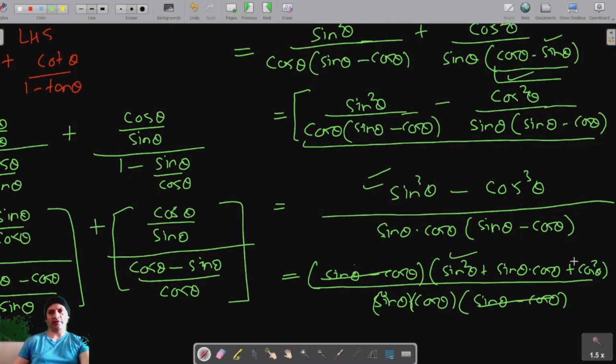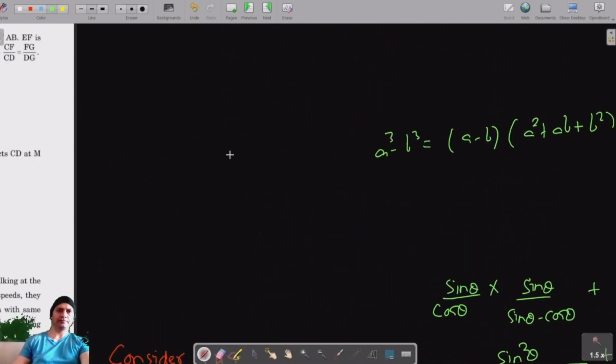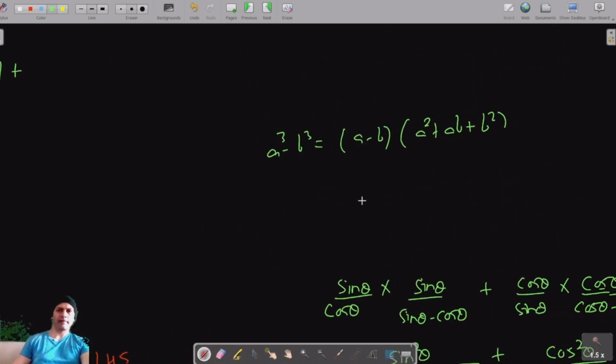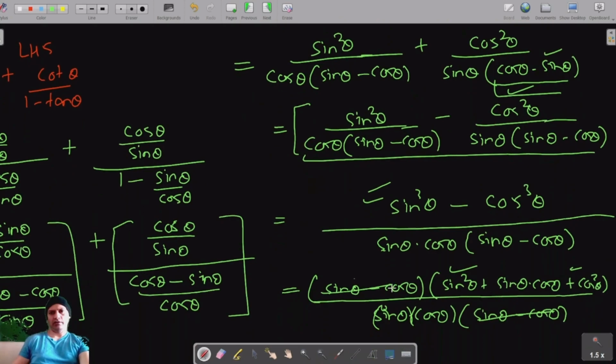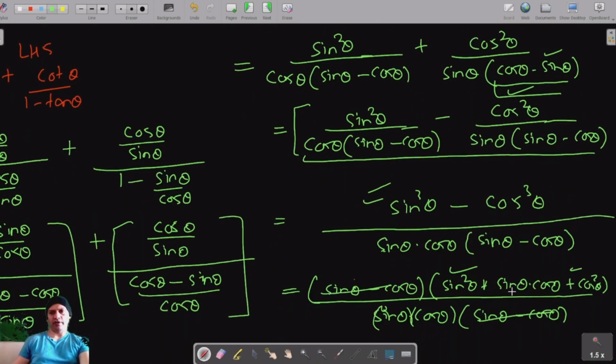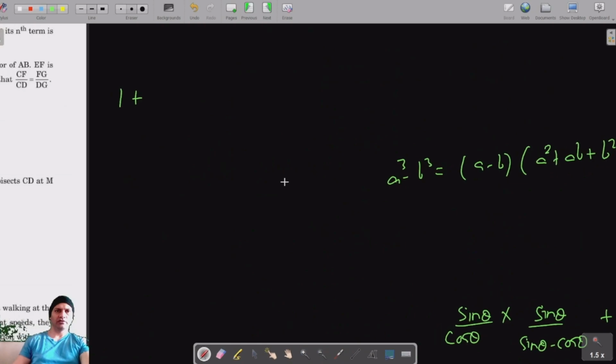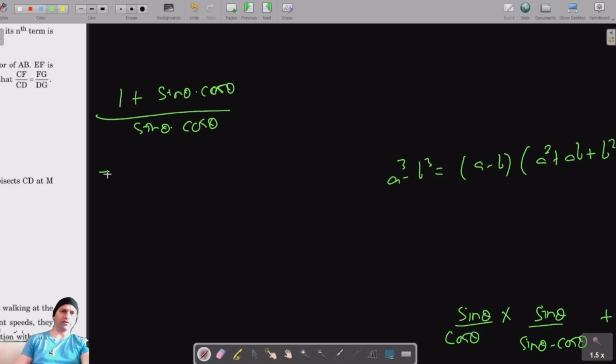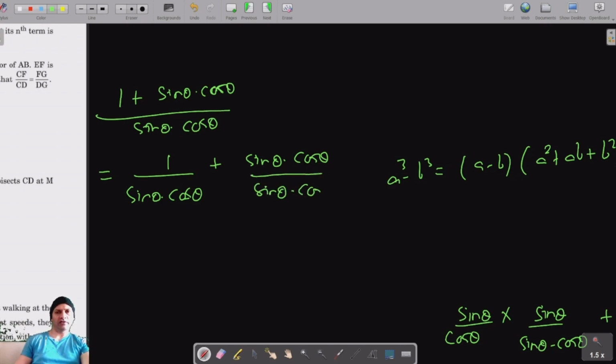We get sine squared theta plus cos squared theta, which is 1. We are left with 1 plus sine theta cos theta. So this is 1 plus sine theta cos theta over sine theta cos theta, which is now 1 over sine theta cos theta plus sine theta cos theta over sine theta cos theta.